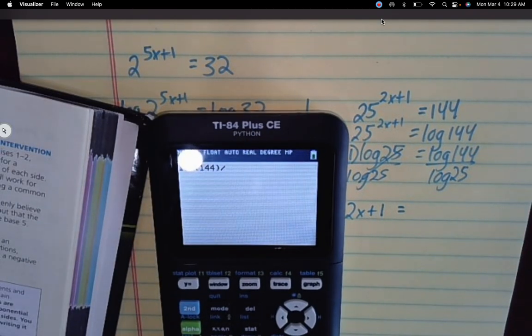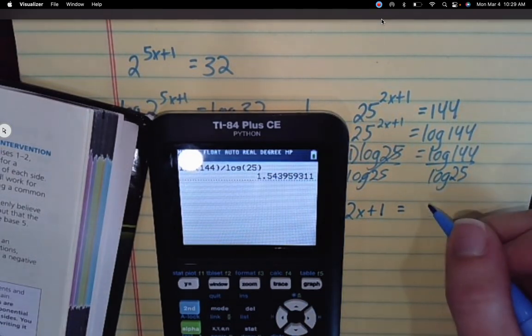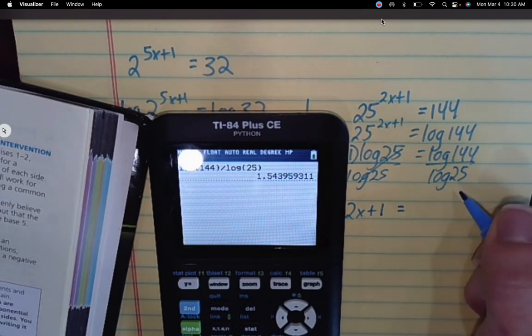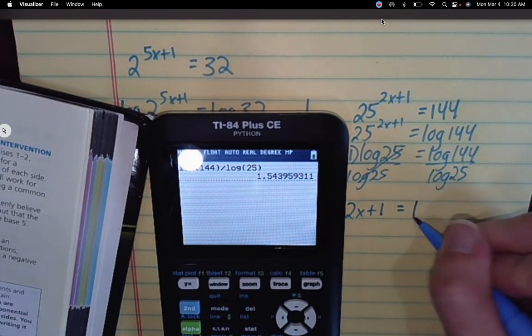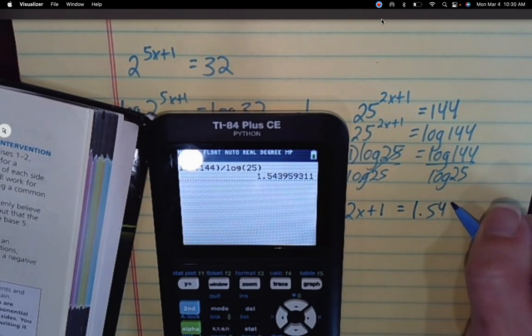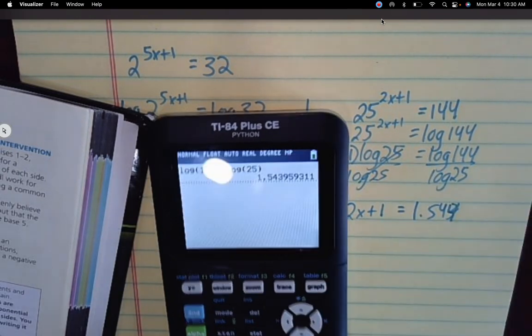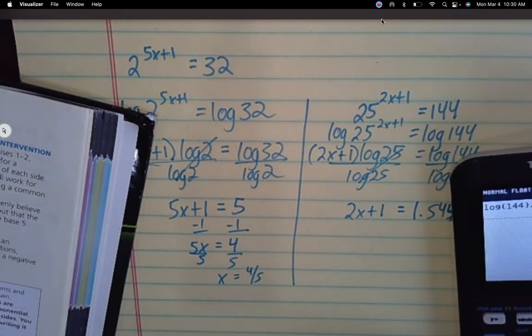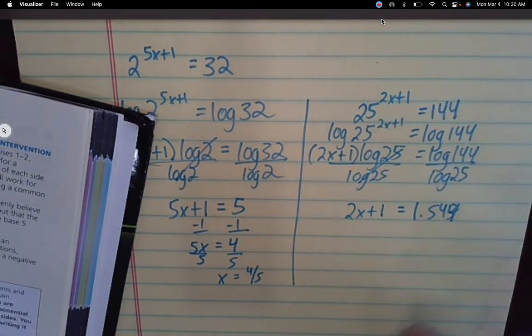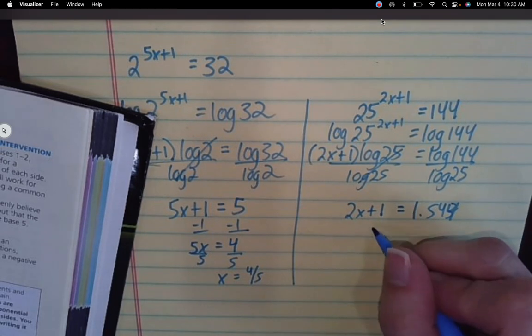So I just type it in my calculator. Oh, and I get some decimal. That's okay. I'm going to just type in this. There we go, 1.544. Okay? And then I've got a decimal, and then I'll just keep solving.